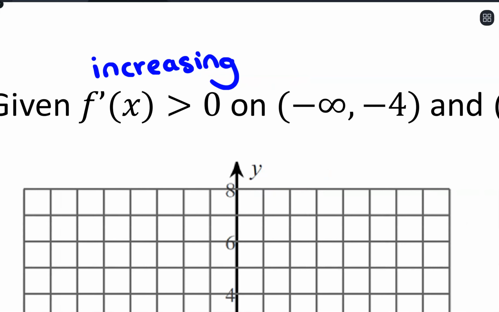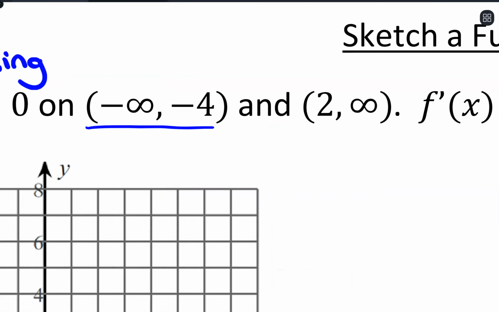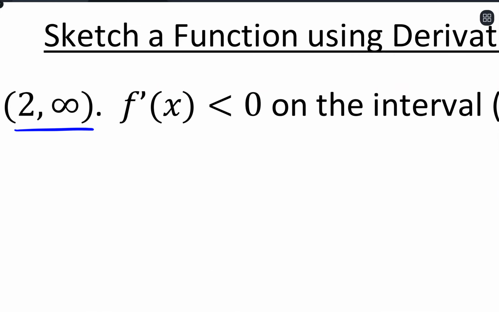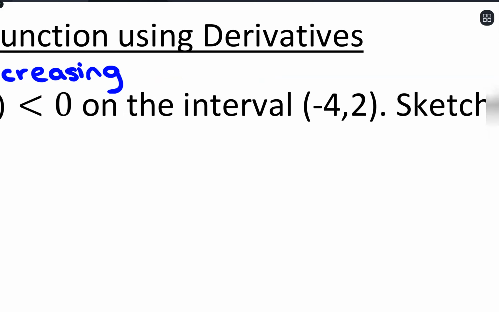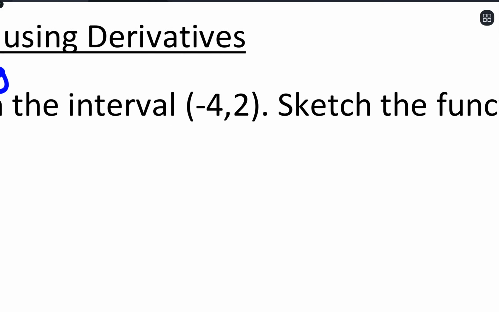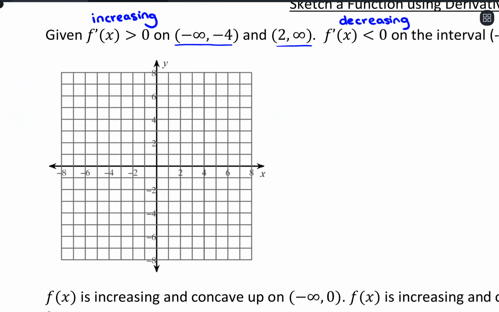So given that we're increasing on negative infinity to negative 4 and 2 to infinity, and then f prime of x is negative, which tells me we're decreasing on the interval negative 4 to 2. With that, we're going to sketch the function. So not a ton of information, but enough to get a sketch going.